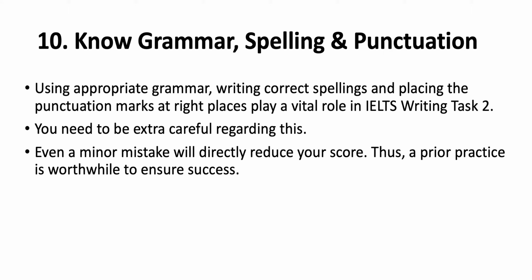Using appropriate grammar, writing correct spellings, and placing the punctuation marks at right places play a vital role in IELTS writing task 2. So you need to be extra careful regarding this. Very important, right? Because if you make grammar mistakes or spelling errors or punctuation errors, it can make it difficult for the examiner to understand your message. So you have to work on these areas. Even a minor mistake will directly reduce your score. Thus, a prior practice is very, very important to make sure that you score well in the IELTS writing task 2.